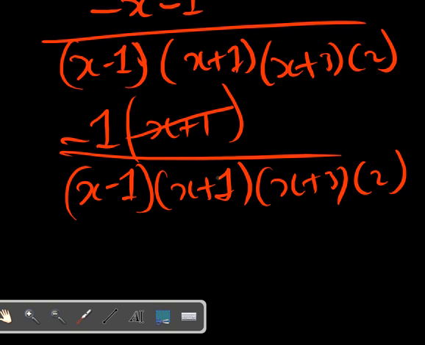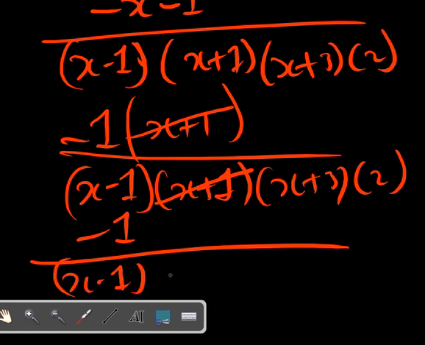You can clearly see that they can cancel out here. The x plus 1 cancels, and we've got negative 1 over x minus 1 times x plus 3 times 2.